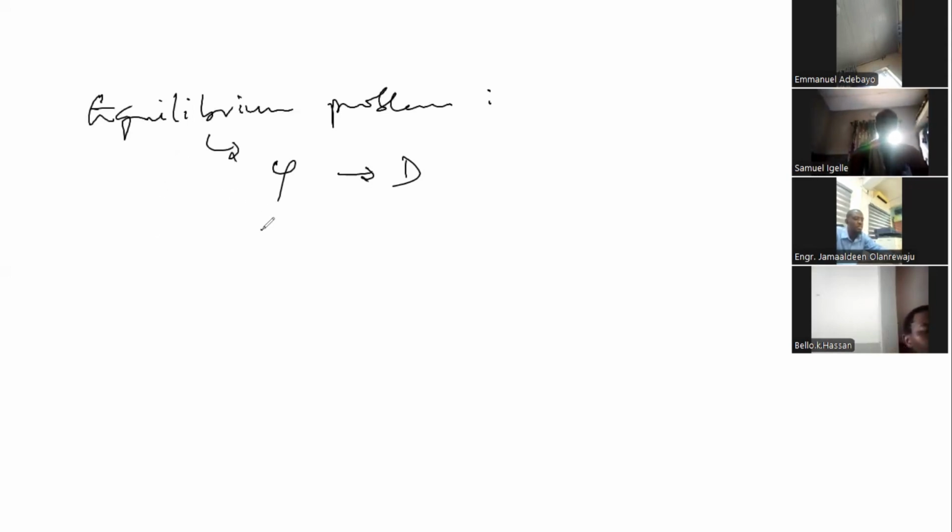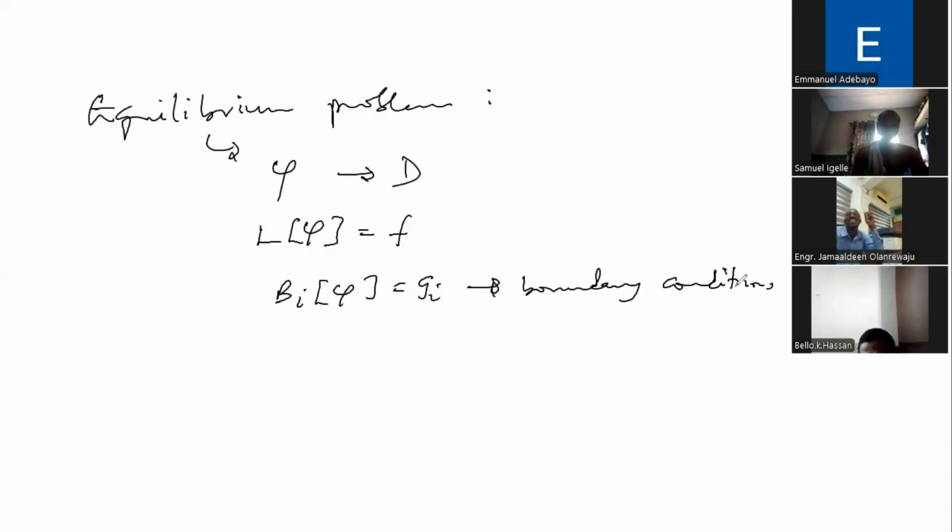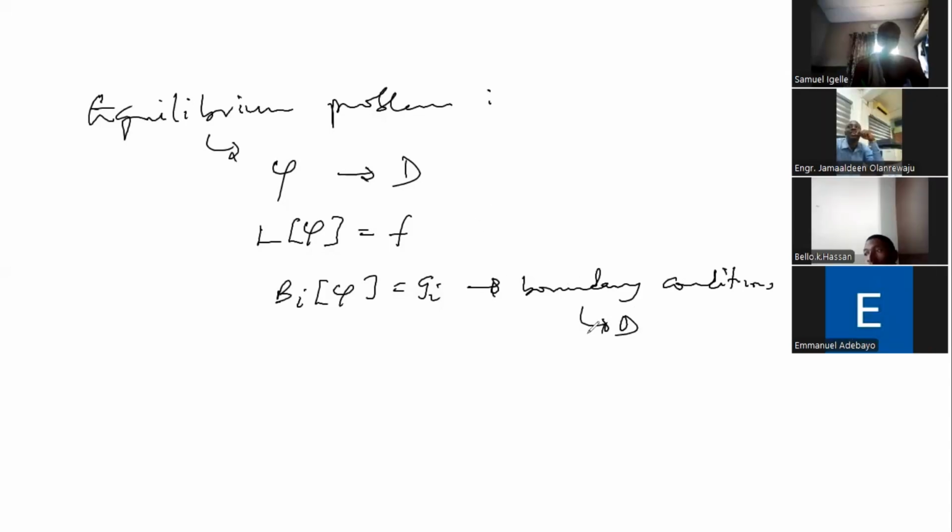And this, we could designate that if the differential equation is described as L of phi being the same as F, where D is the domain and is subject to some boundary conditions, say B sub I of phi being the same as G sub I, where these are the boundary conditions on the domain D. I will now say that this D could be integrated within the closed or bounded domain.